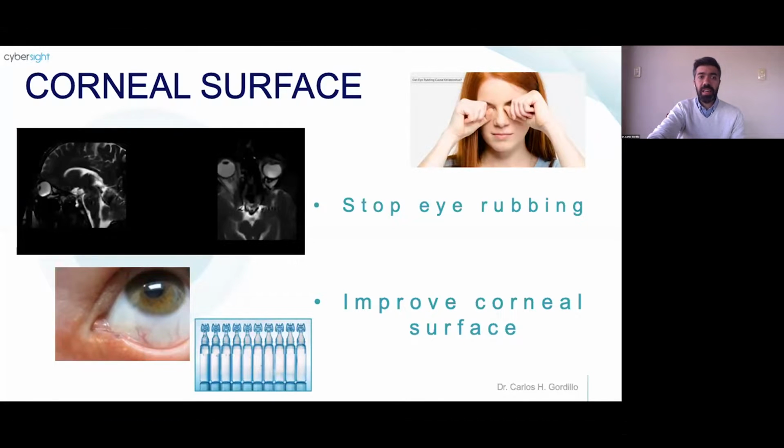You can halt the progression in the early beginnings, so you need to do this for all patients. The alternatives don't require much, but you can just use cyclosporine or artificial tears, and you can also add a punctal plug to improve the tear film.